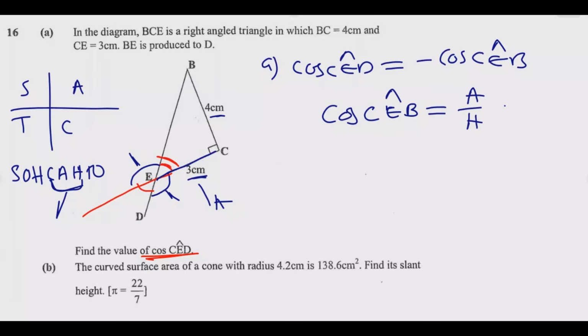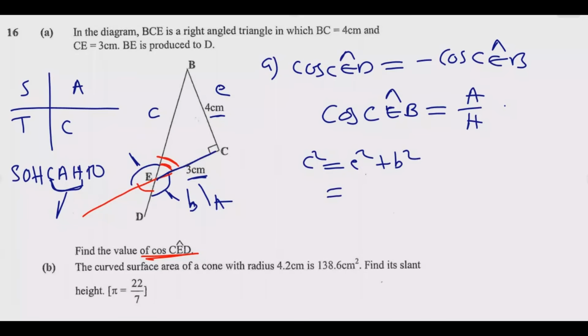So how can we find the hypotenuse? We use Pythagoras, where we label this a small c, this a small b, and this a small e. So what this tells me is c squared is equal to e squared plus b squared.